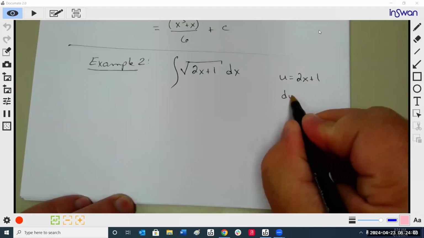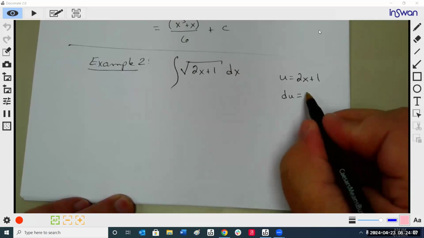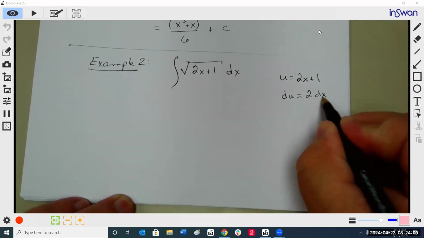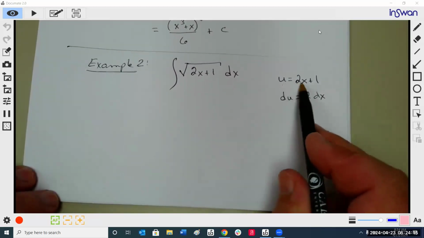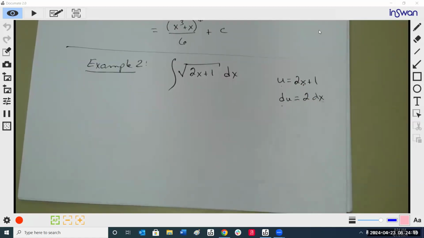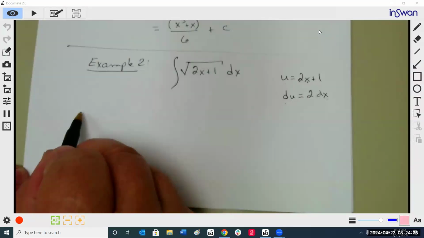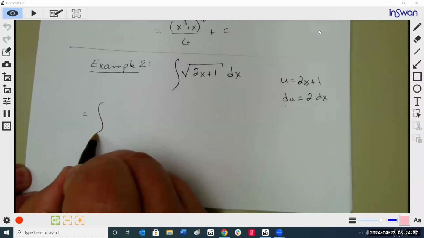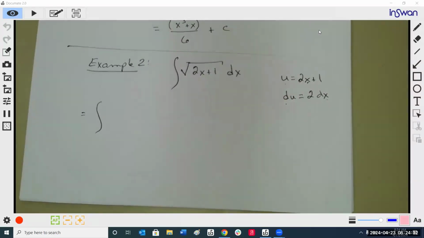Then our du will be 2 dx. Because remember, u is a function of x. So when we take the derivative of u, we have to put dx at the end of it. All right, so let's set this one up. How would we represent this with our u du part?